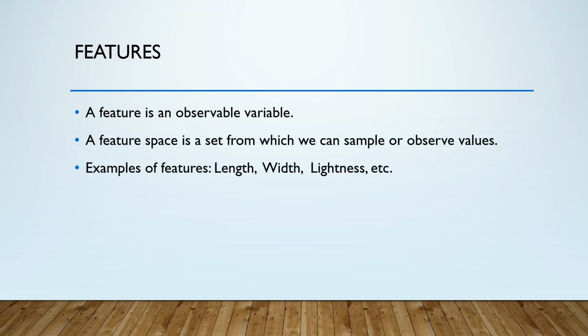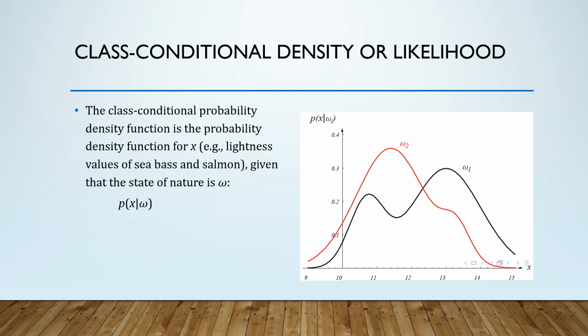For this fish classification problem, what could be examples of features? Length, width, lightness. Those could be the features of a fish by which one class of fish can be distinguished from another class. In the next class, we'll go much deeper and talk about other concepts present in this Bayesian theory.